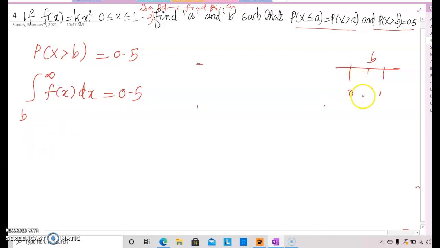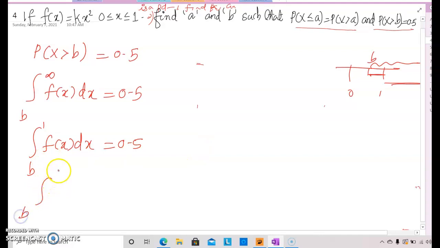How can we split b to infinity? b to 1 plus 1 to infinity. Therefore this is integral b to 1 f of x dx equal to 0.5, since 1 to infinity value is 0. That is integral b to 1 of kx square dx equal to 0.5.